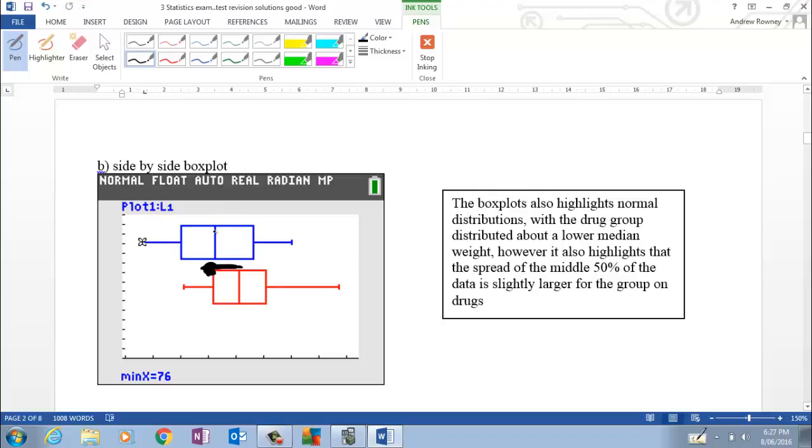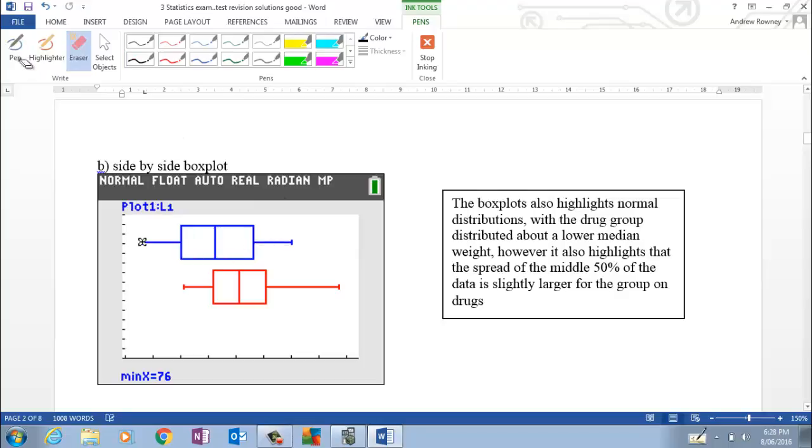We can see that the median here, this solid line, is lower for the drug group, which is on weight reduction. And we can also see that they're also showing normal distribution, because the line's in the middle of this inside box, showing that there's equal spreads.